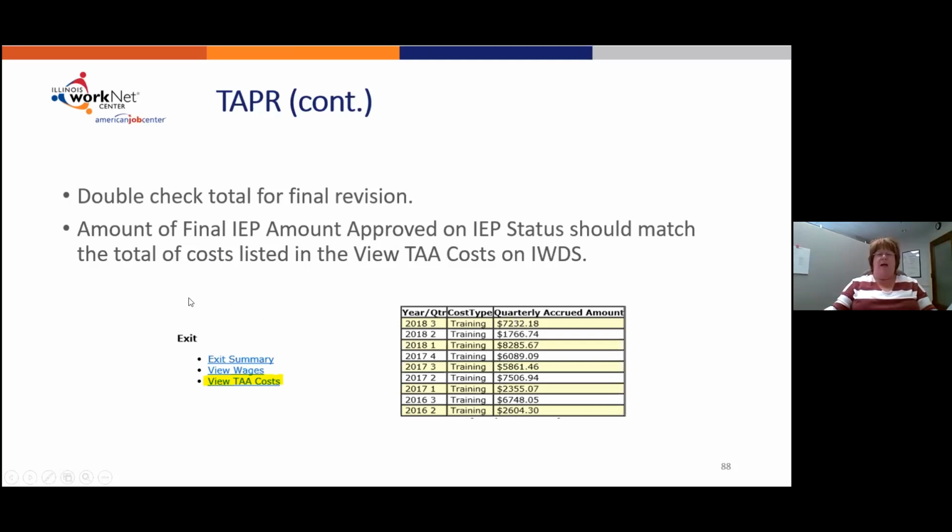They need to match for a final cost reconciliation or revision. If they don't match, then please identify why they don't match, and if there's a corresponding entry that's going to be made to the next taper report that's going to be uploaded to IWDS.